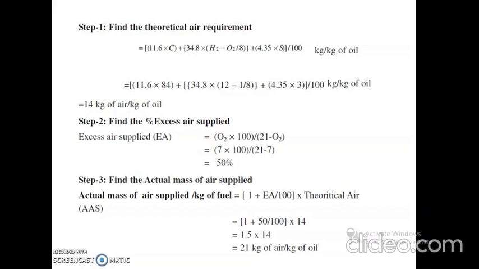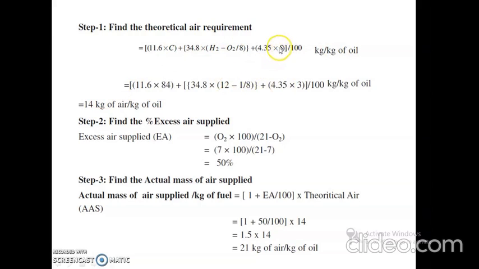So first we'll calculate the theoretical air required. The theoretical air required is calculated from this formula we have derived from the basic combustion equations. After substituting the values of percentage of carbon, hydrogen, oxygen and sulfur if available in the fuel.